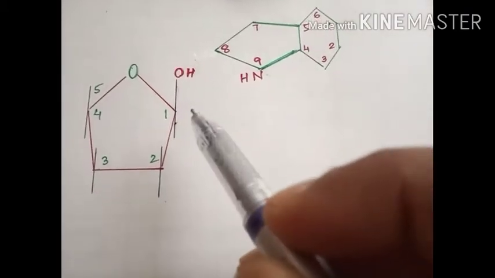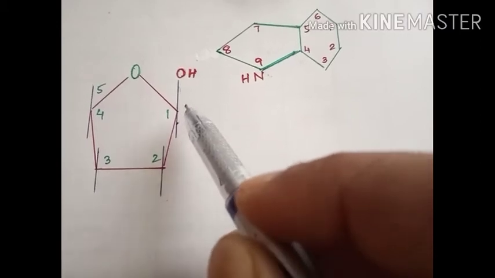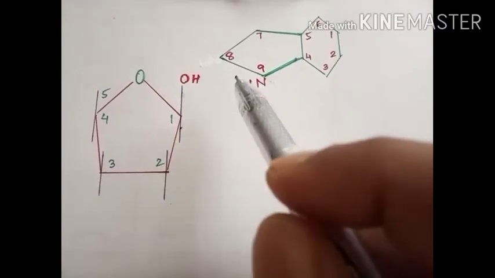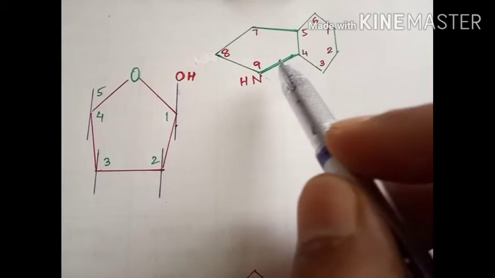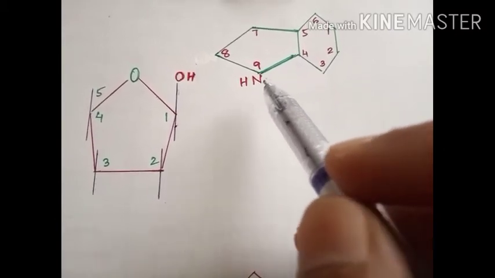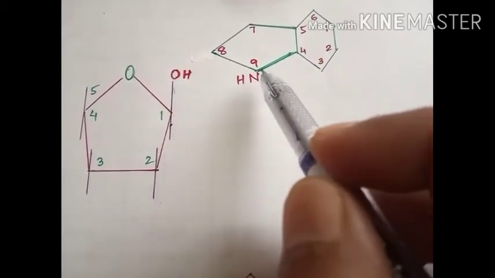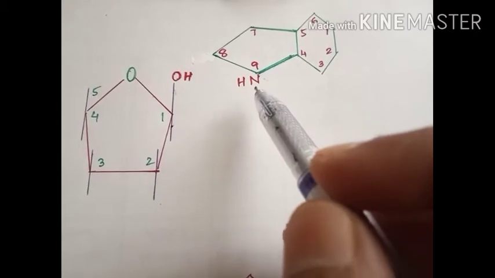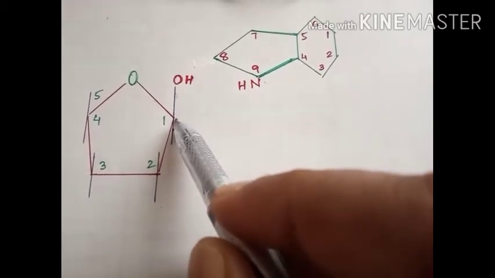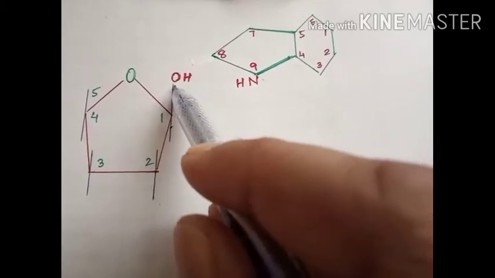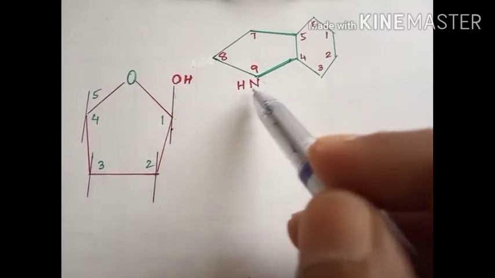So the pentose sugar is joined by the purine ring at the 9' position. So this is the 1' position. Here the hydroxy group is there, and here is the NH group.